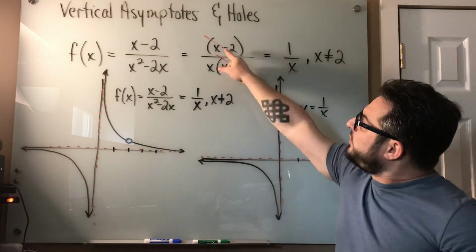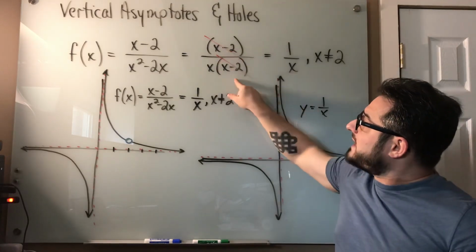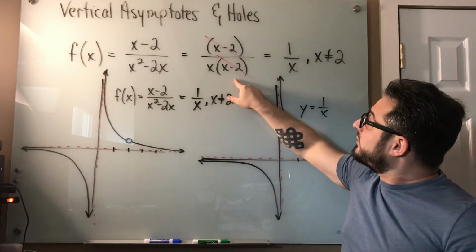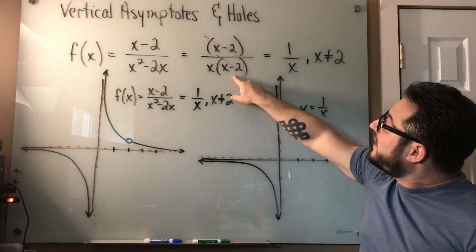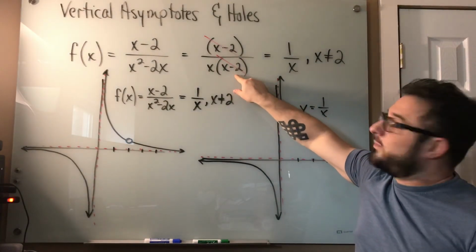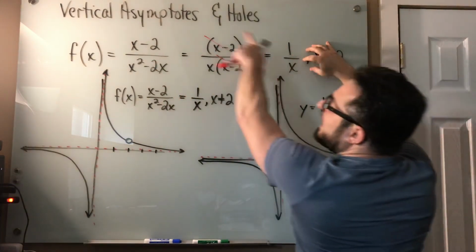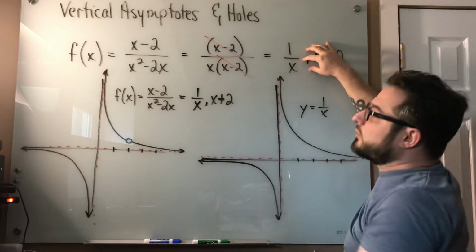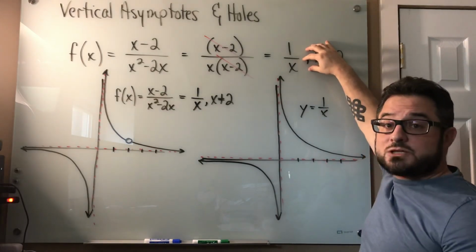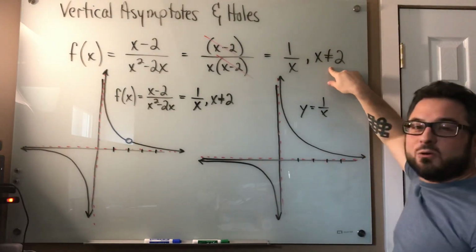So when you have a factor that simplifies out of the denominator with a matching factor in the numerator, that's where you're going to have a hole, because that's where you're going to have this simplification and these two equivalent forms of the same rational function differing only by 1 point.